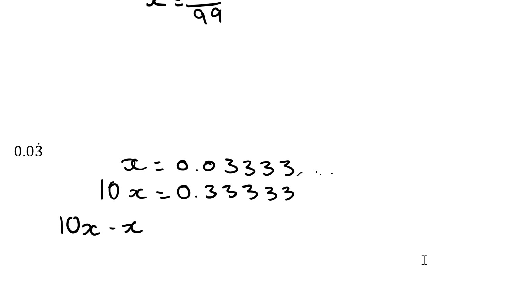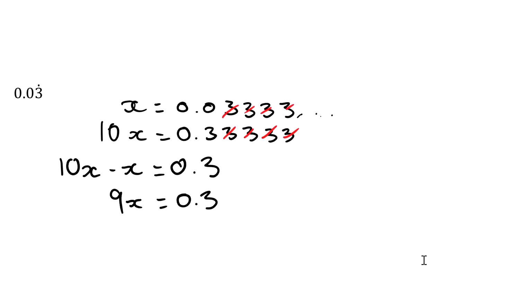And then we have our 10x equals 0.33333. 10x take away x equals, so all these are going to cancel out, and we're left with 0.3. So 9x equals 0.3. We will divide by our 9, they cancel, and x equals 0.3 over 9.